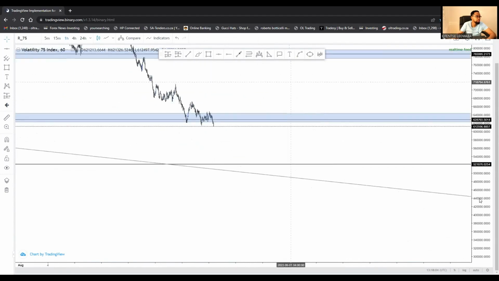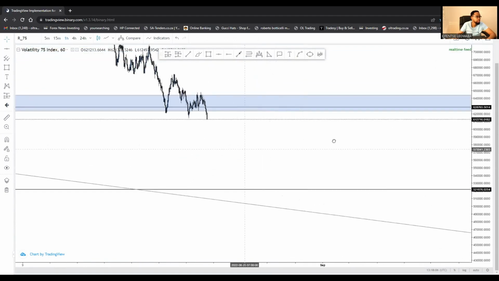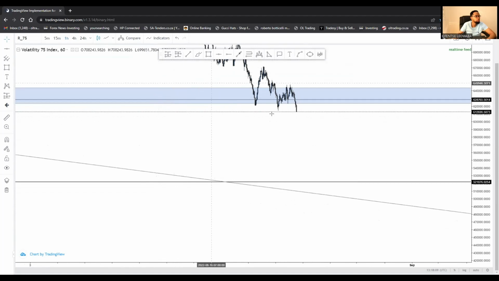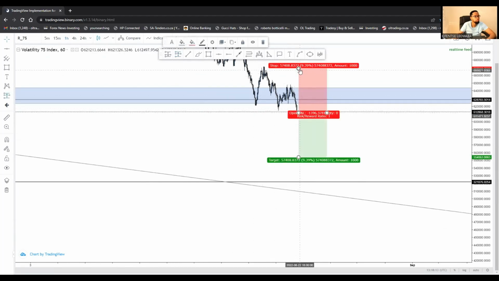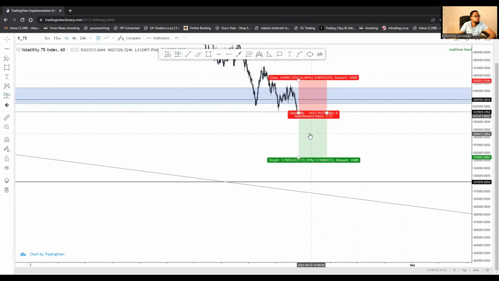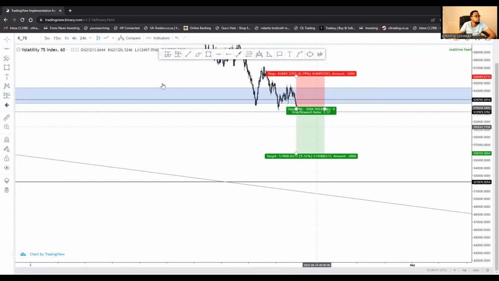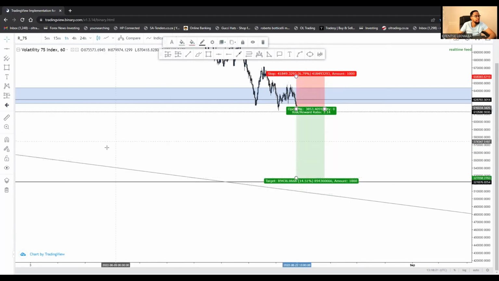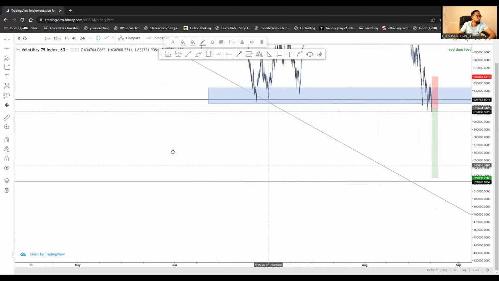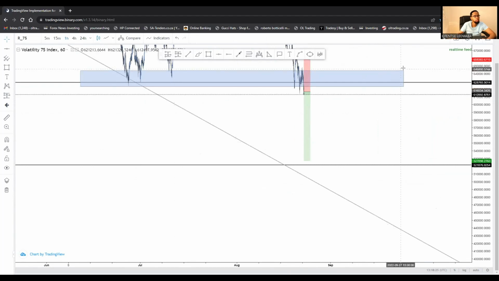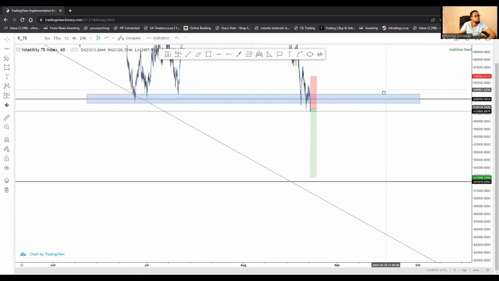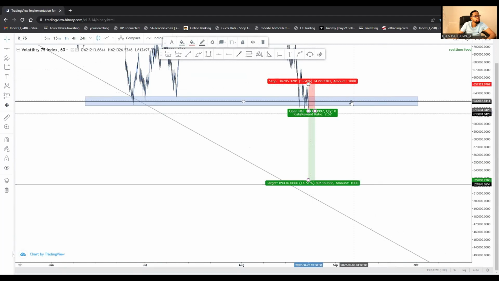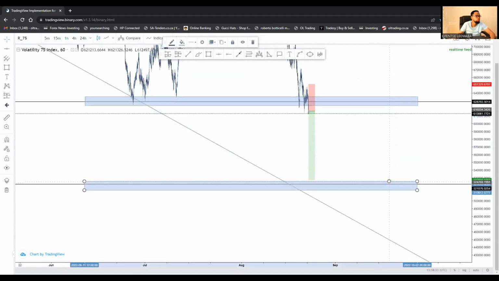I'm expecting a sell, and you can see we are pushing down, pushing down strongly. I'm gonna take the sell up to this zone. Okay, and I take it all the way down.